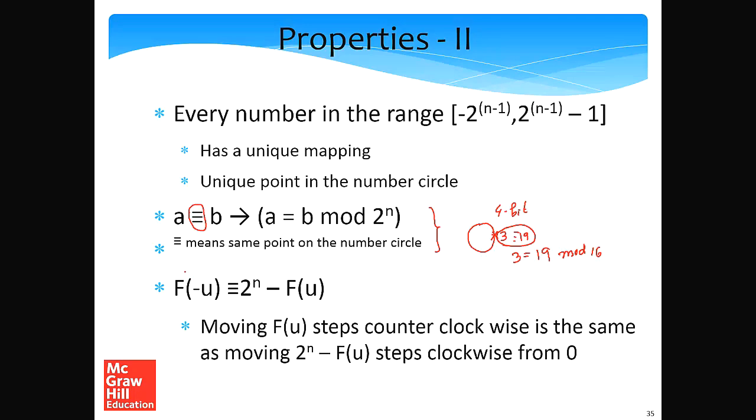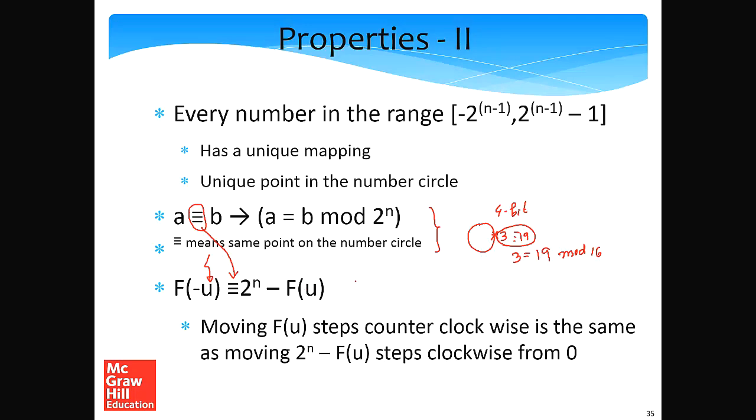So now let's come to the first serious property of the two's complement notation. Let's take a number u. We want to find the notation of the number minus u. This is equivalent to, where this is the same operator that we have defined, 2 to the power n minus f of u.